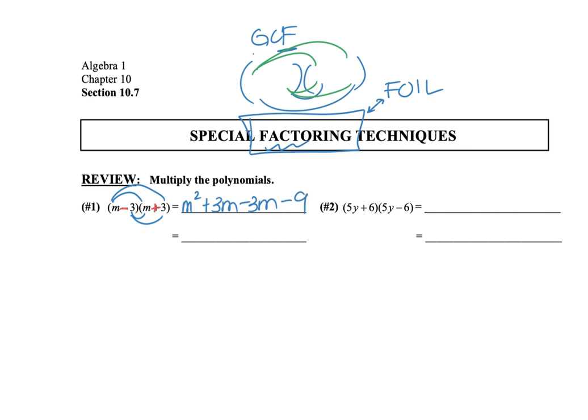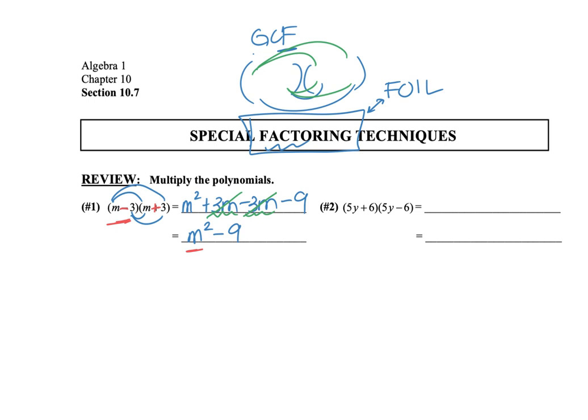Now, what do you notice? These two things are like terms, and not only are they like terms, but they are opposites, okay? And those opposites cancel each other out, and therefore the answer to this is m squared minus 9. Interesting. Do you notice any connection between what I started with and what I ended with?